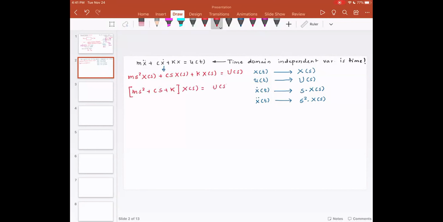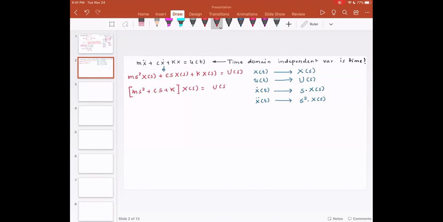Now, this transfer function has some interesting properties, and I want you to understand what this means. When you see MATLAB or when you consider a block diagram, this transfer function is considered as a block diagram. It is written as 1 over ms square plus cs plus k.